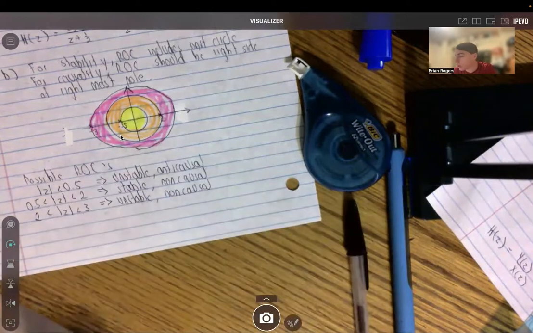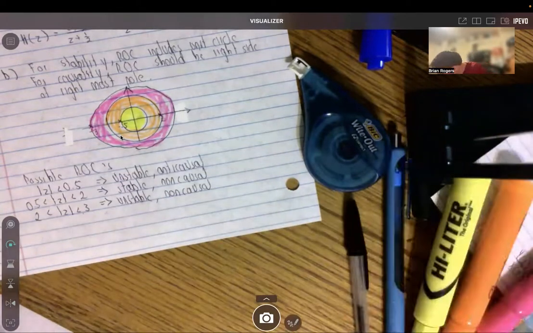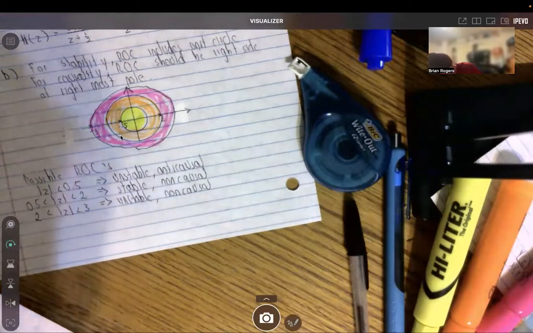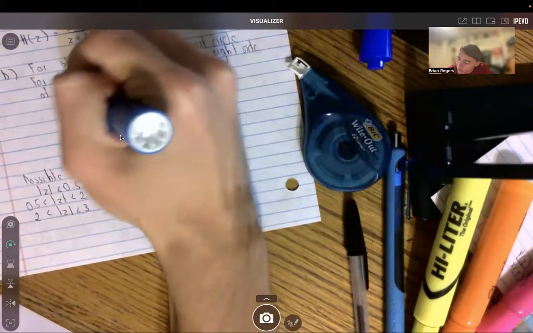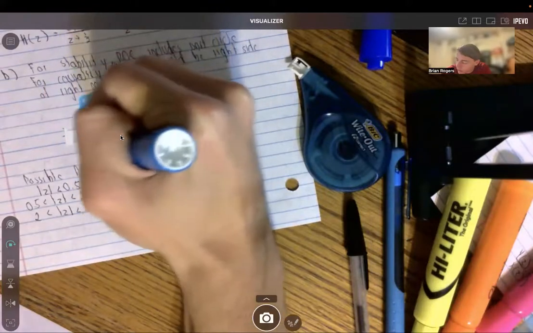And your last possibility here would be outside of |z| equals 3, which is your rightmost pole. What we're going to see here is everything outside, so it's going to be the exterior.